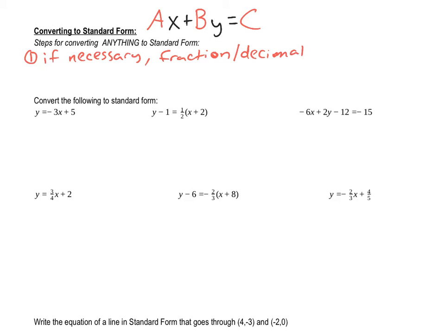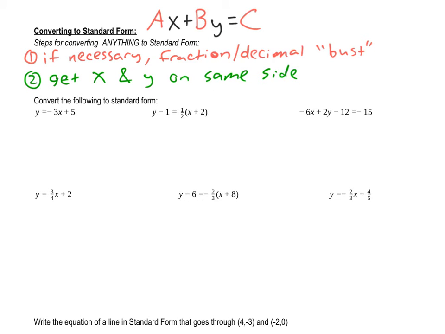What you're doing is multiplying to make whole numbers, just like we did when we were solving equations. The next thing you have to do is reunite x and y. Get x and y on the same side. Once you've done those 2 things, you have standard form.